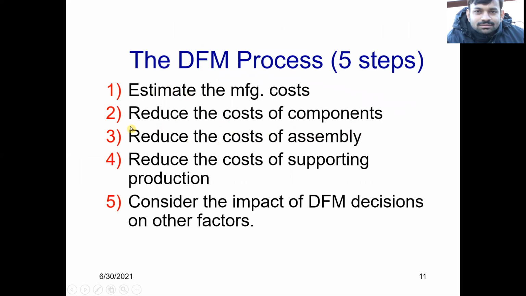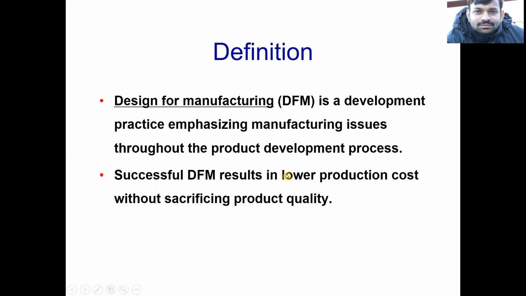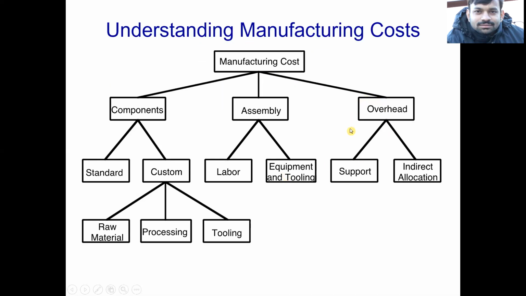The fourth step will be to reduce the cost of supporting production. Many countries offer very good ease of doing business. Why do they offer ease of doing business? Because a lot of any company's cost goes into this support and indirect allocation.